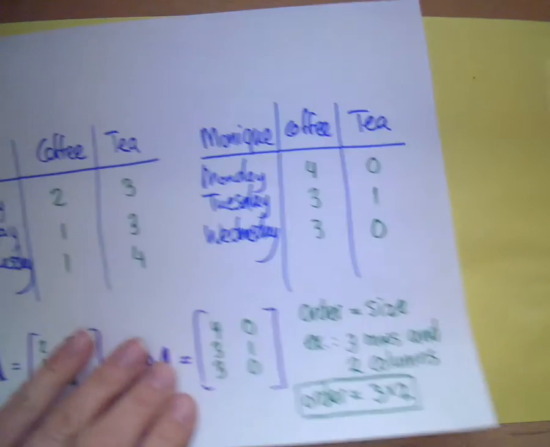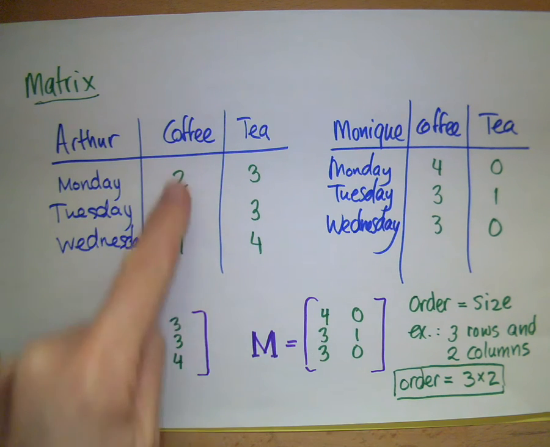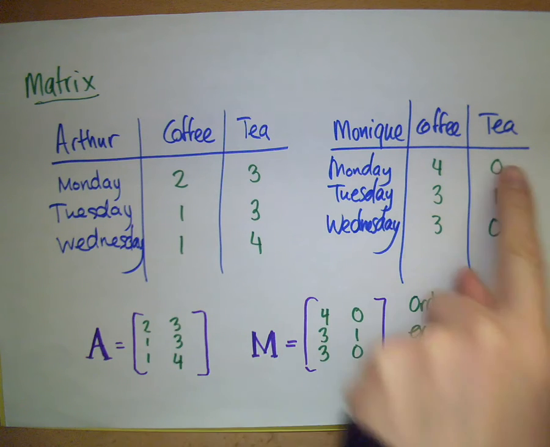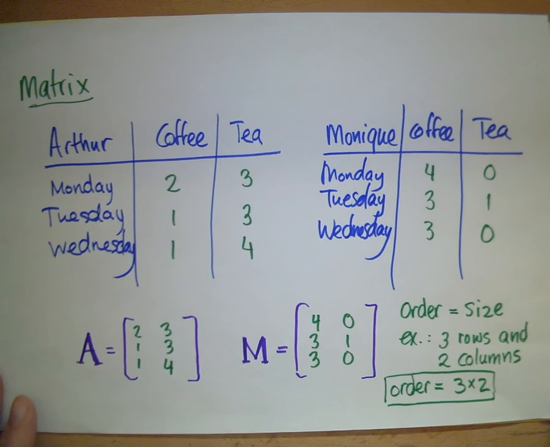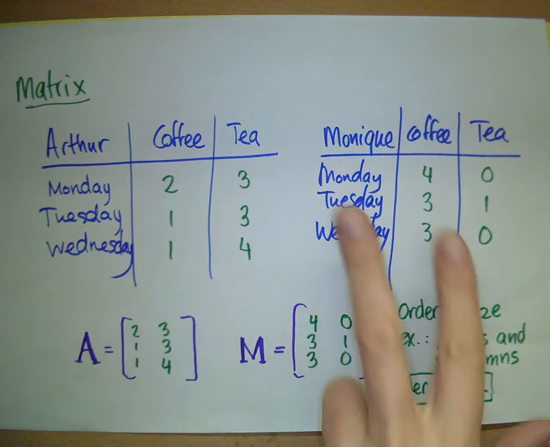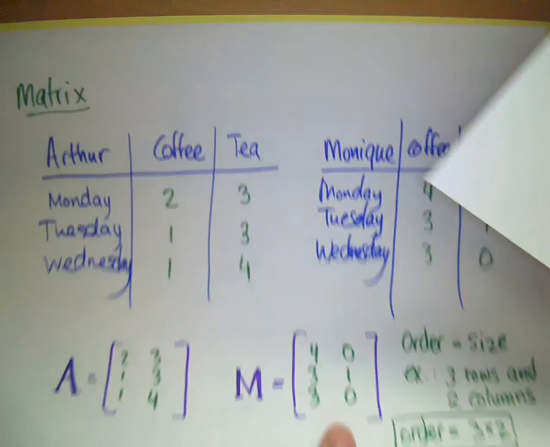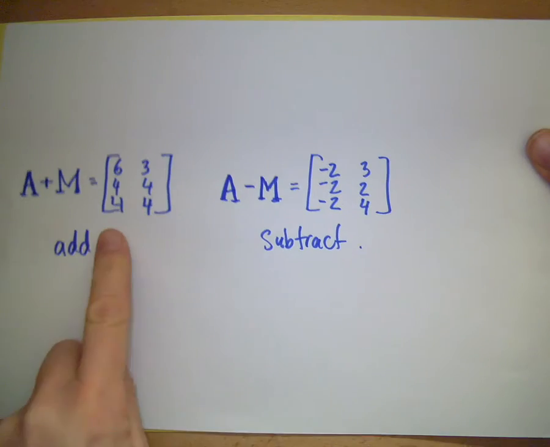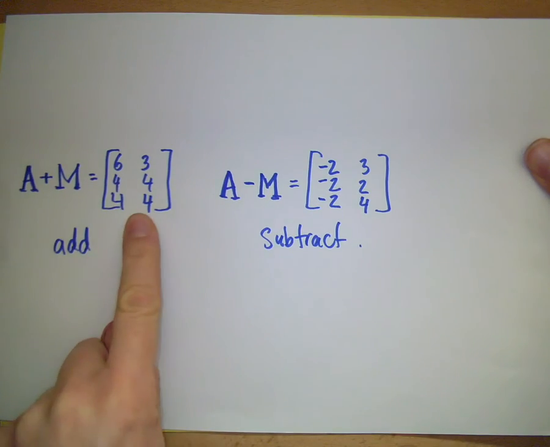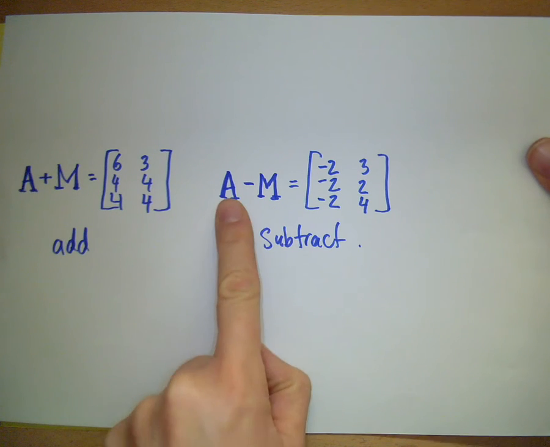Remember how we looked at Arthur and Monique, their drinking behavior on 3 days, Monday, Tuesday, Wednesday, how much coffee they drank, how much tea, and we actually learned to add their coffees and tea together using the matrices, and we learned how to subtract what Monique drank from what Arthur drank.